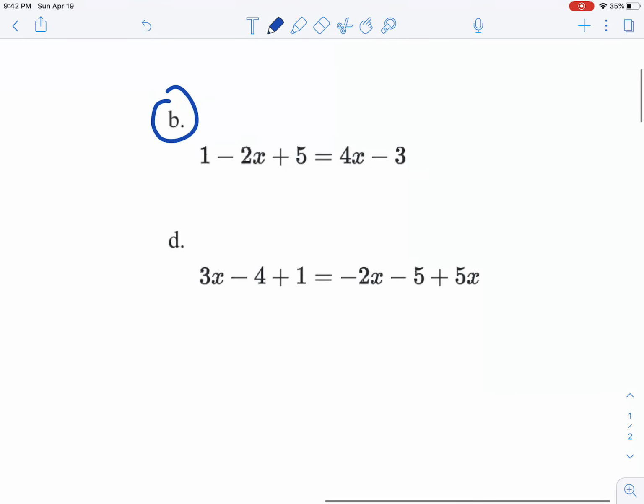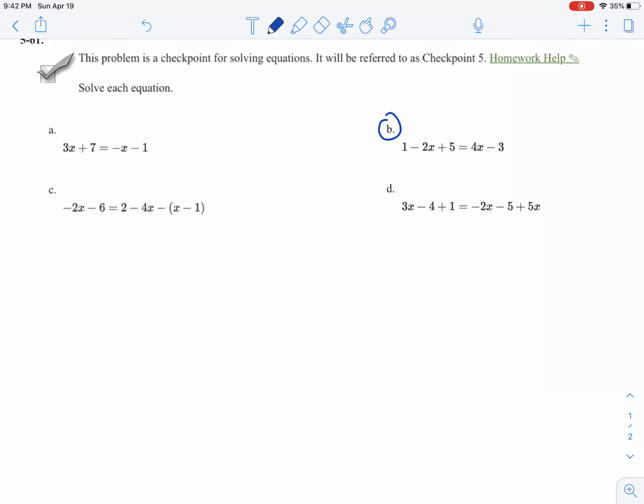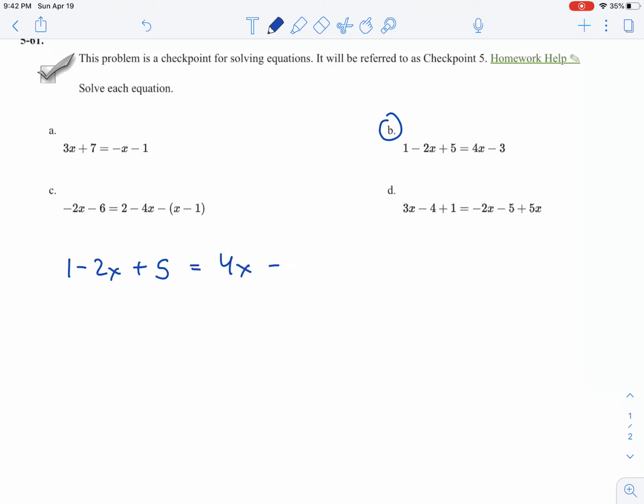Equation B, notice we have an x term on the left and an x term on the right of the equal sign. Let me take a second and rewrite that equation down here. Also, notice that on the left, we have some like terms.